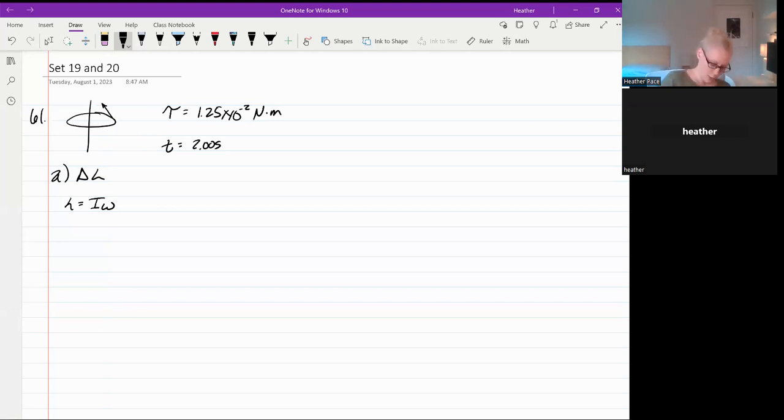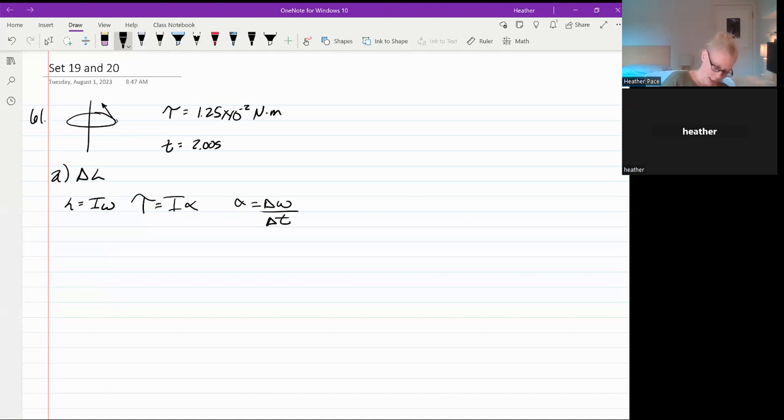And we also know tau equals I alpha, where I is the same moment of inertia, and alpha is the angular acceleration. So angular acceleration, we know, is omega over t.